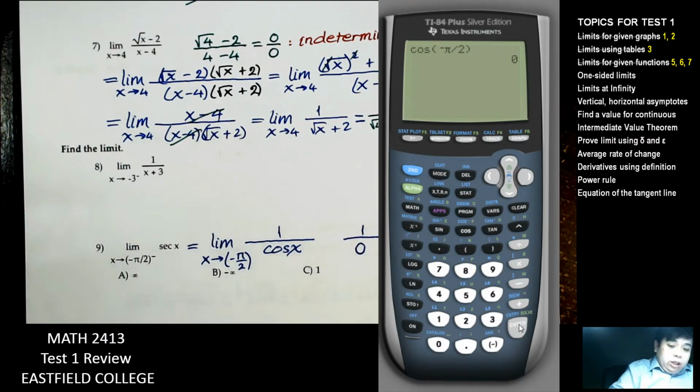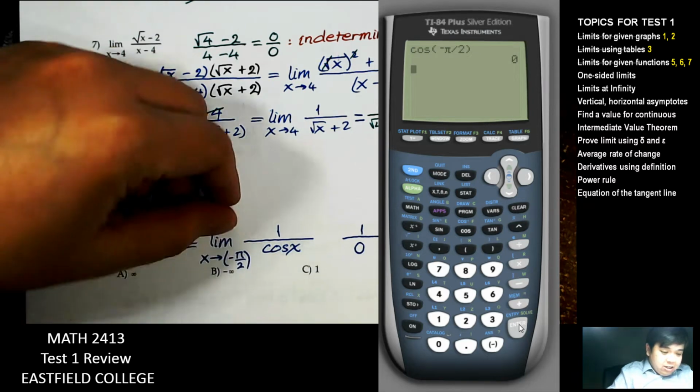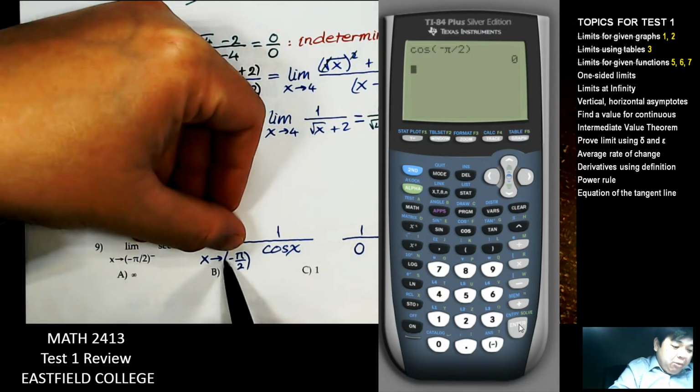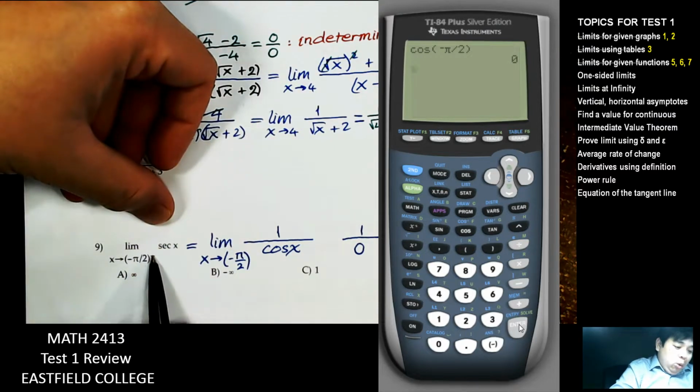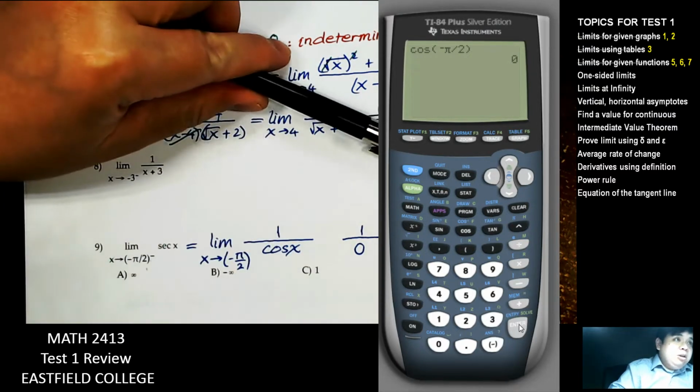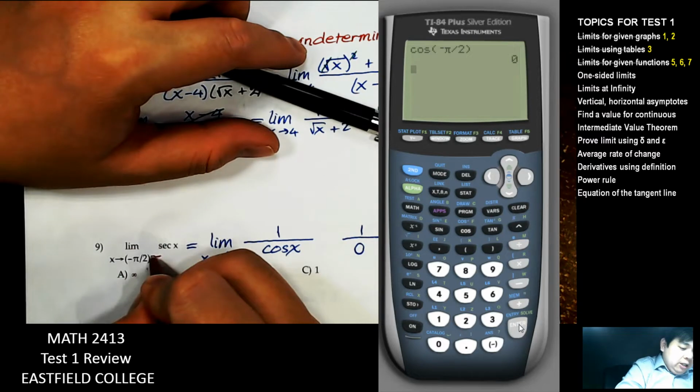That's not good. Usually when we have that, we need to know what happens when x goes to negative pi over 2. The question asks us to find the limit from the left only.